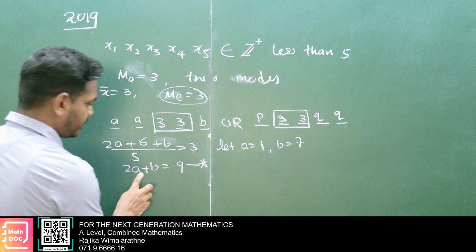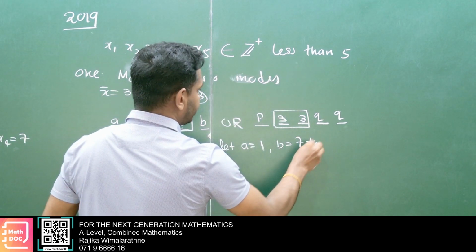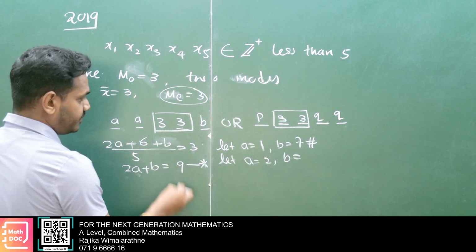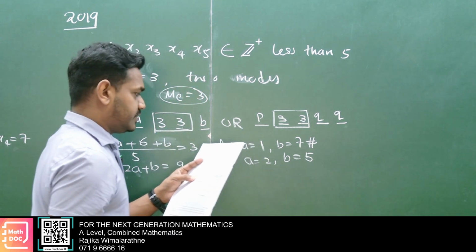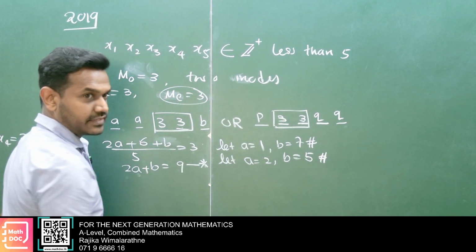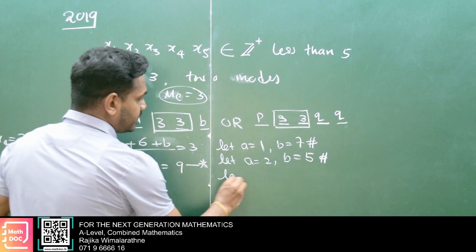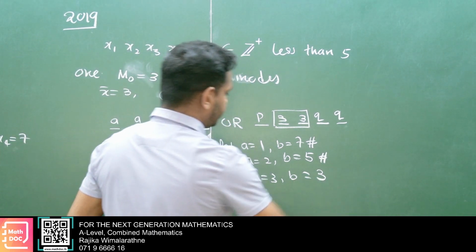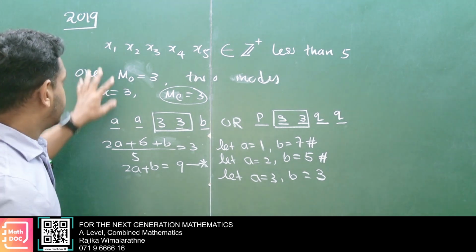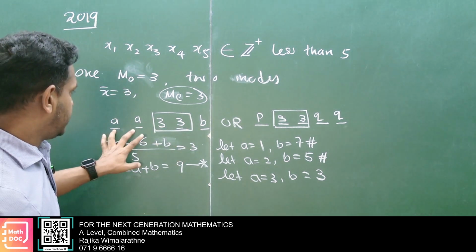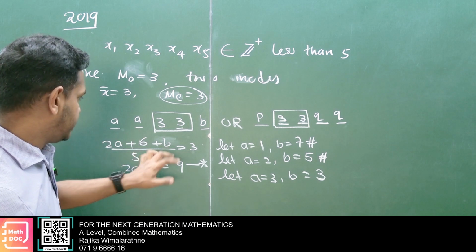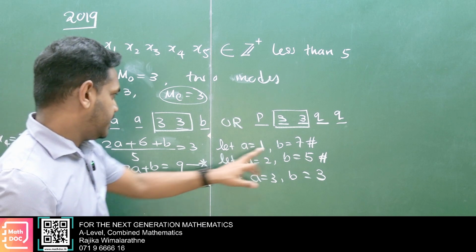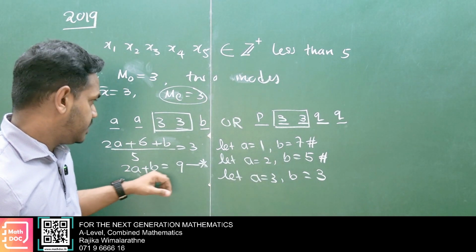Values must be less than 5, so this is wrong. Let A equal 2, B equal 5. This is also wrong since values must be less than 5. Let A equal 3, then 2A is 6, B value 3. Then the two modes are 3 and 3, B and A. So A equal 1, B equal 7 and A equal 2, B equal 5 fail.